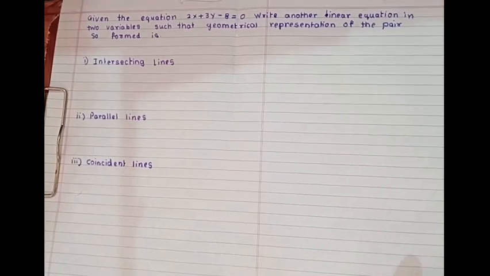Take one another example. What is given? Given the equation 2x plus 3y minus 8 equal to 0. Write another linear equation in two variables such that the geometrical representation of the pair so formed is intersecting lines. Now what is the formula for intersecting lines?